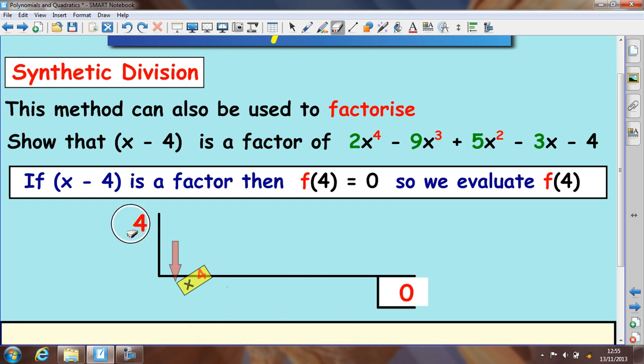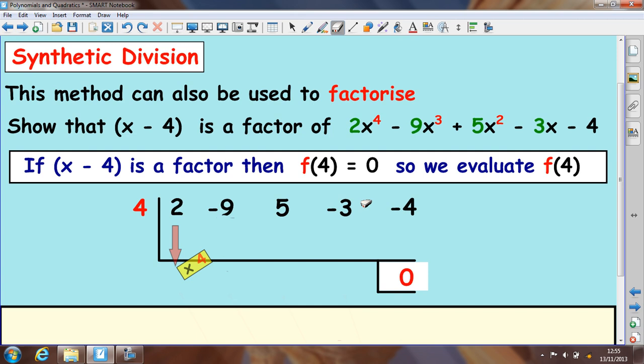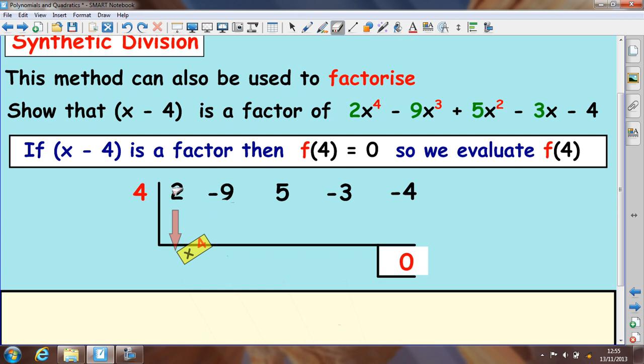So 4 goes here as normal because 4 is the value we're going to evaluate. The coefficients go along the top, so we've got a 2, a negative 9, a 5, a negative 3, and a negative 4. Now the same process applies here. Take your 2 down to the bottom and times it by the 4, and then you add together.